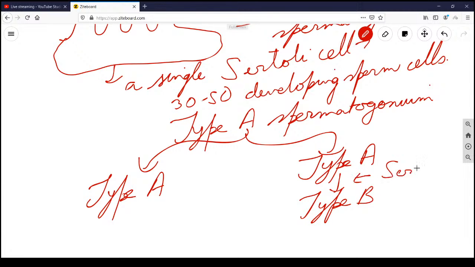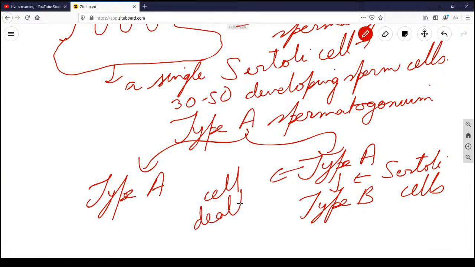Molecular signals from Sertoli cells will decide whether it stays as type A, becomes type B, or undergoes cell death, the natural programmed cell death known as apoptosis.